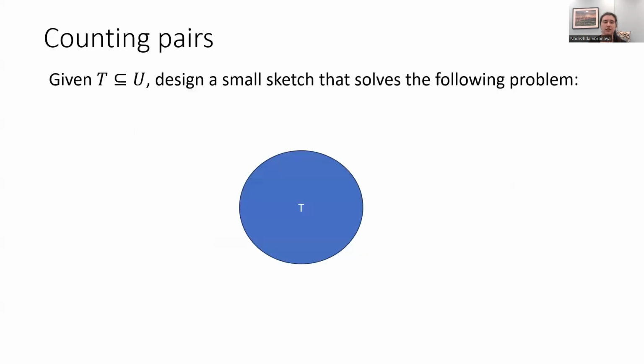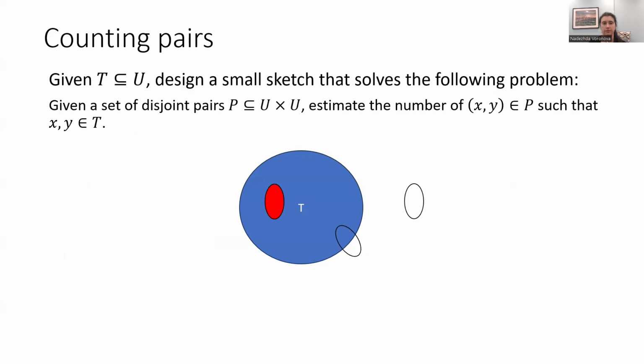Let's say that we have some universe U, and we're given a set T of elements from this universe. And our goal is to design a small sketch that solves the following problem. If we're given a set of disjoint pairs P of elements from the universe, we want to estimate the number of pairs that fully lie in T.